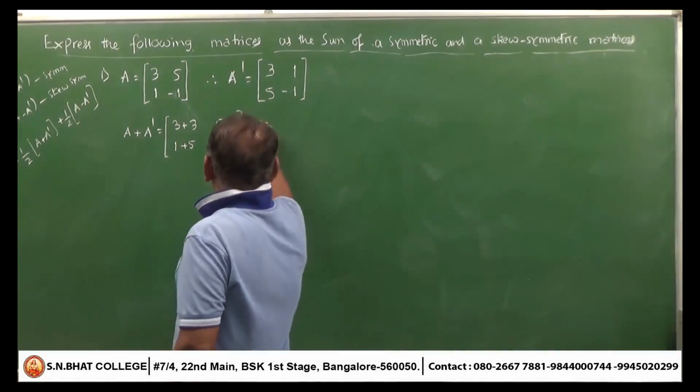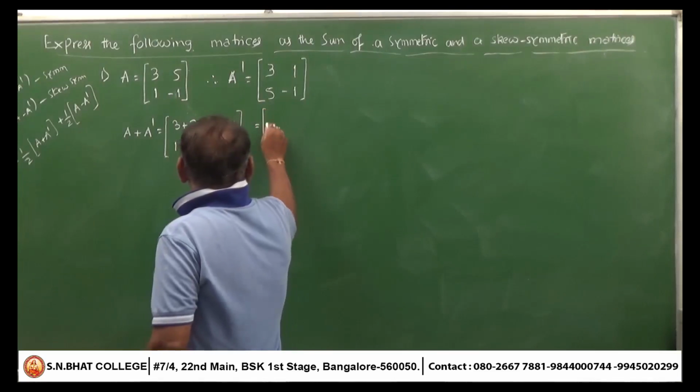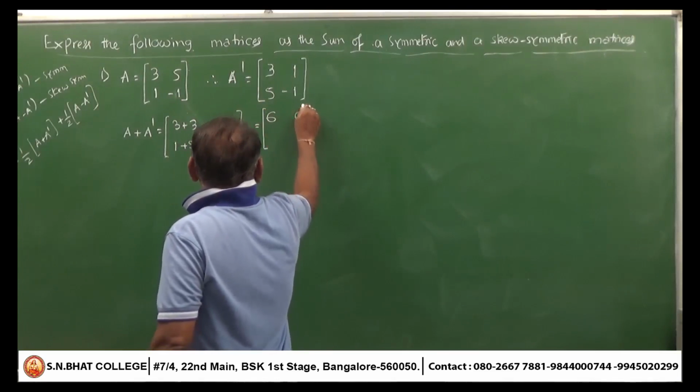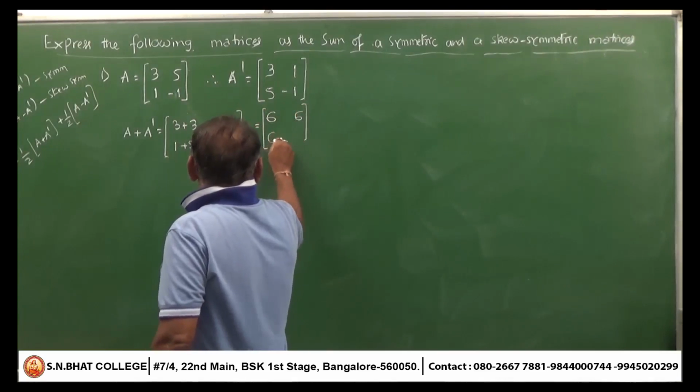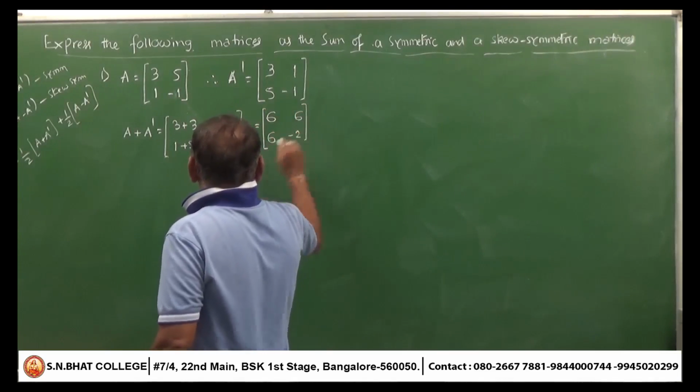This is nothing but 3 plus 3 is 6, 5 plus 1 is 6, 1 plus 5 is 6, and this is minus 2.